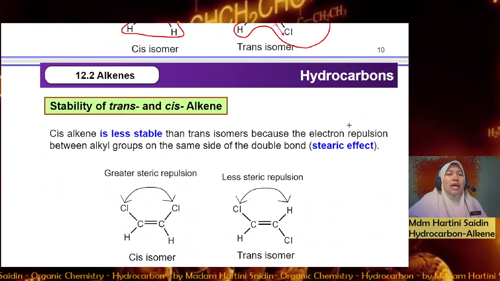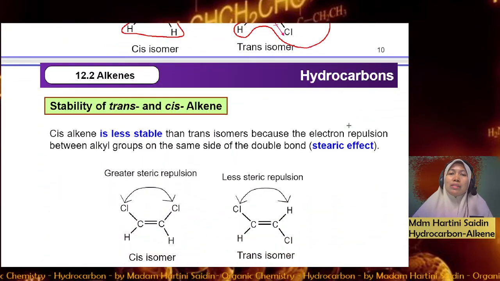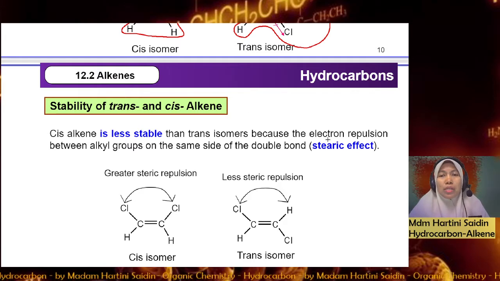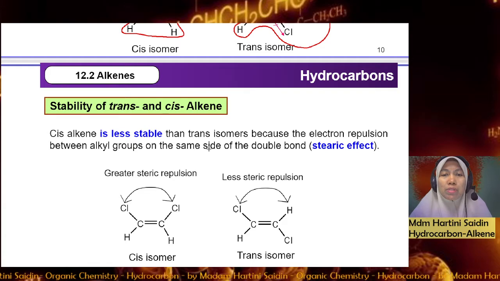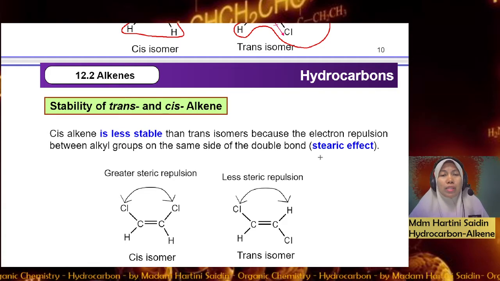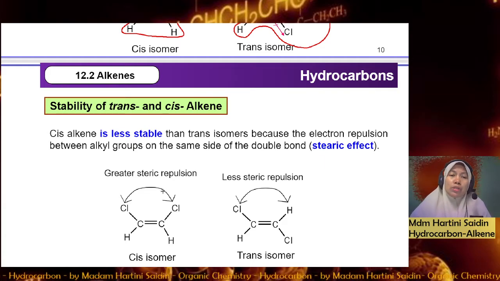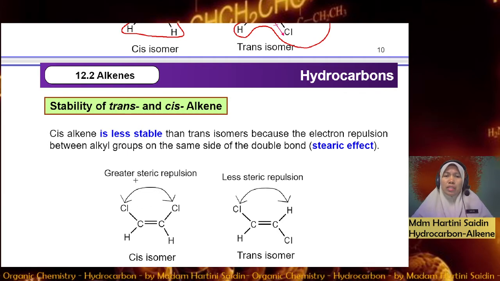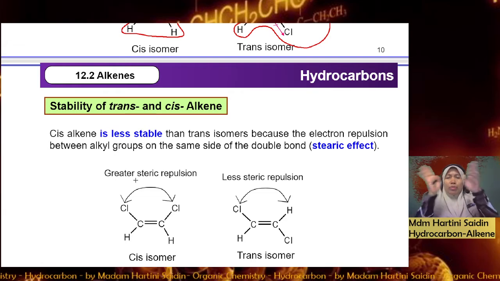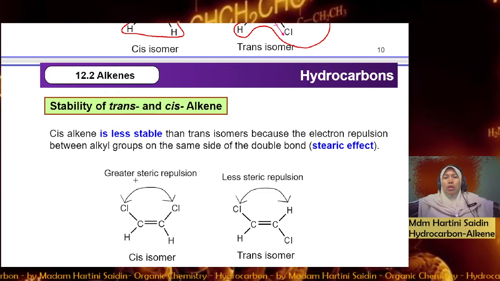So, cis-alkene is less stable than trans isomers because the electron repulsion between alkyl group on the same side of the double bond, which is steric effect. Jadi, sebab dia sama kan? So, bila dia sama, kekuatan dia sama kuat. Jadi, kat sini kita dapati bahawa dia berlaku repulsion, saling tolak-menolak.